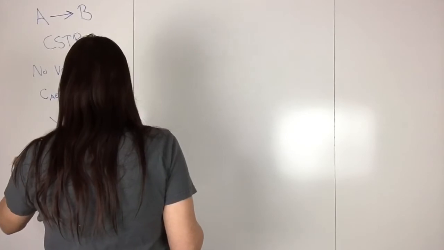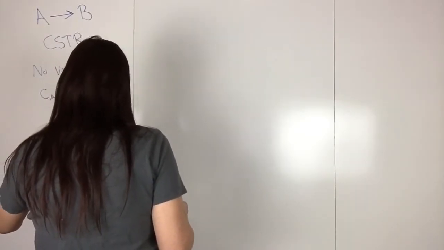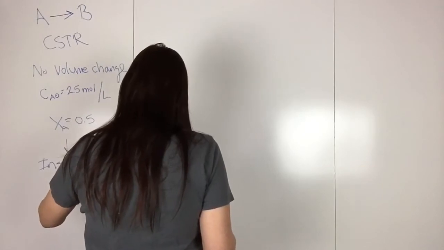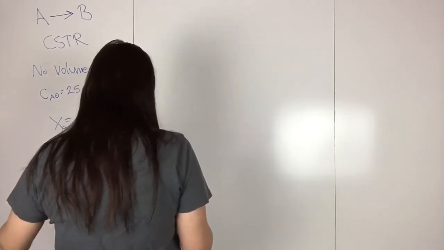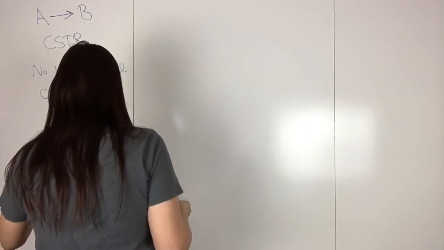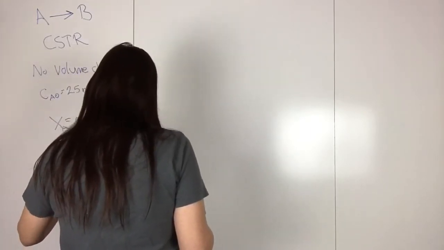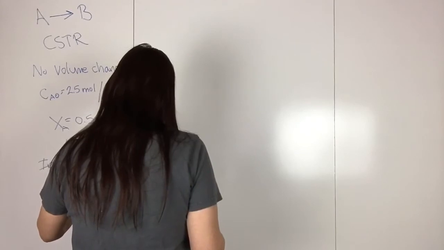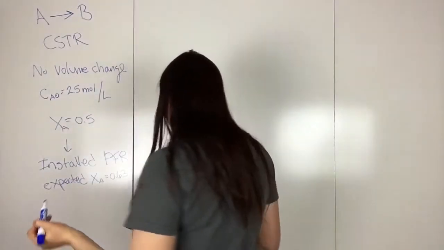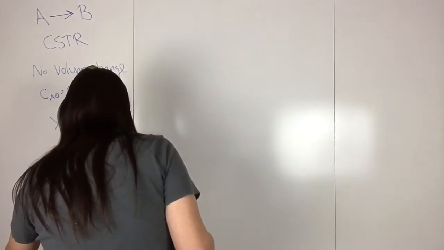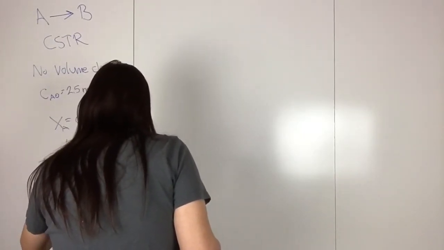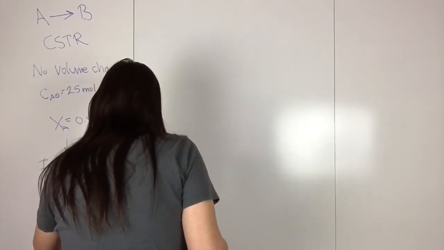So you installed a PFR with the expected X_A = 0.63, but you actually got 67, so actual X_A = 0.67.